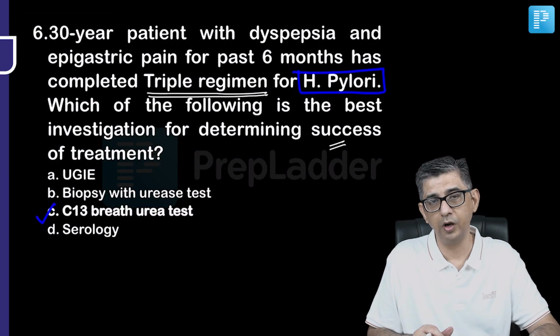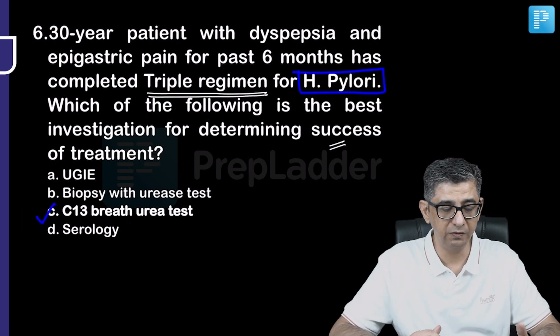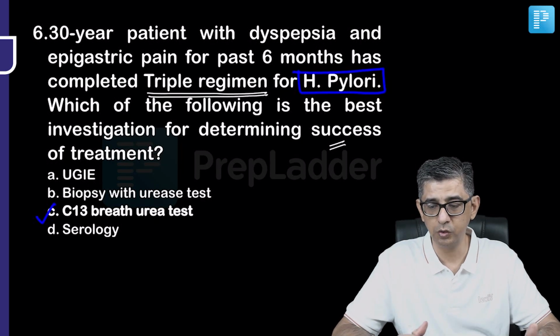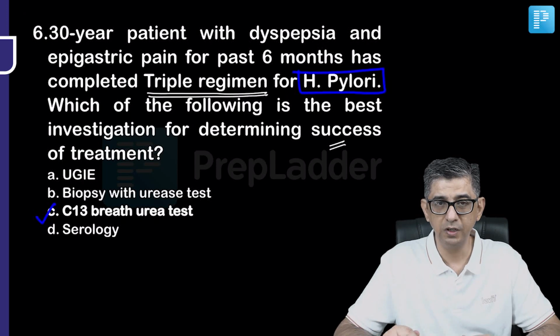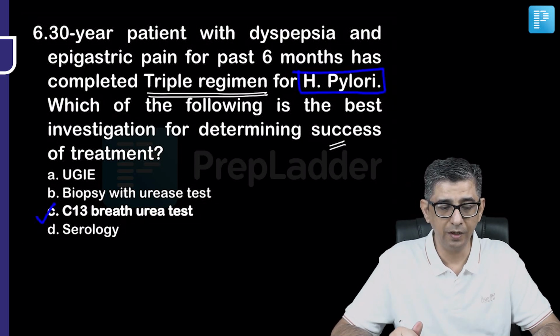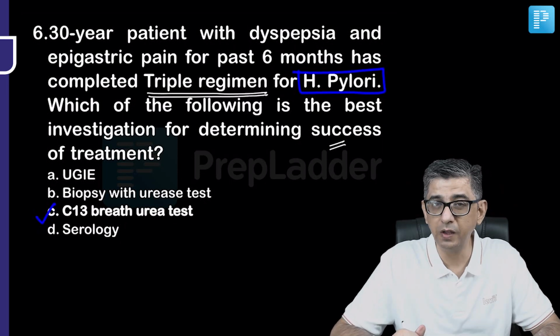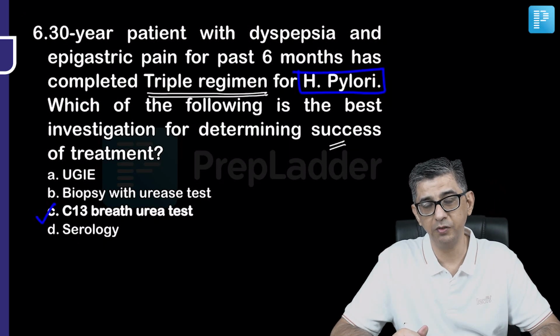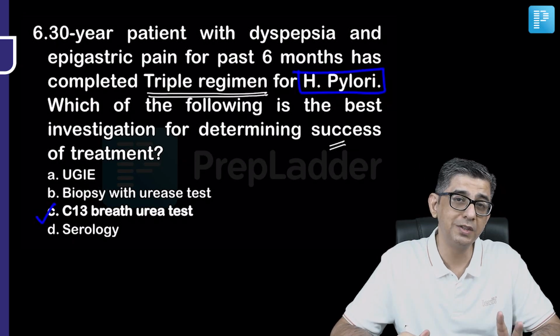The logic to be used here is that non-invasive investigations are always preferred by patients over an invasive investigation. Obviously, one method of diagnosing this patient can be going in for endoscopy and checking the urease. The person was urease positive initially, but has turned urease negative subsequently. That means two endoscopies have to be done.